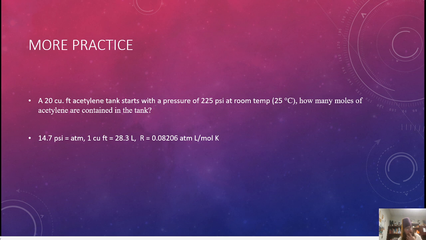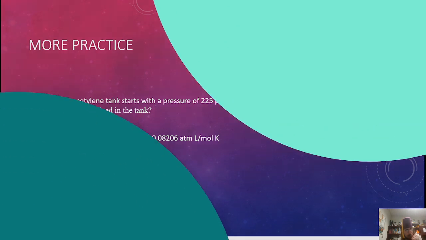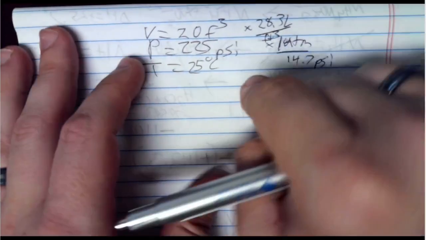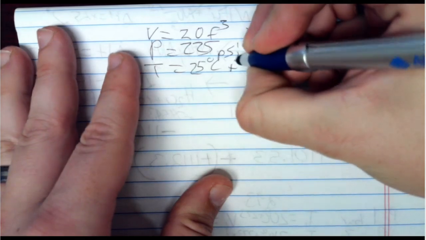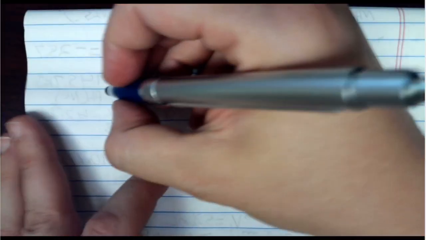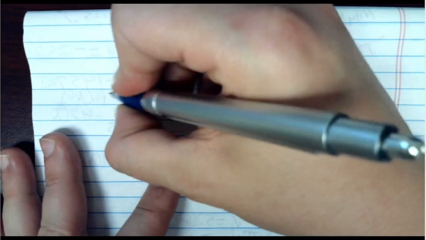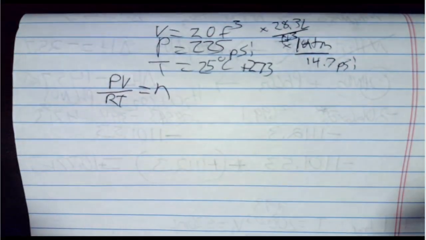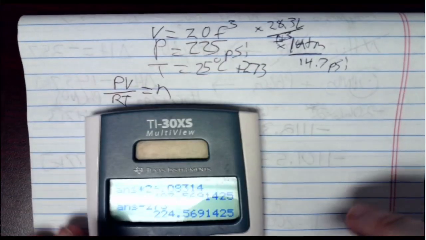Okay, with that in mind, we'll look at this, and this will be the last for this video. So we have a volume, we have a temperature. I have to do some quick conversions. But rearranging, PV over RT equals n. I've just rearranged our magical equation.